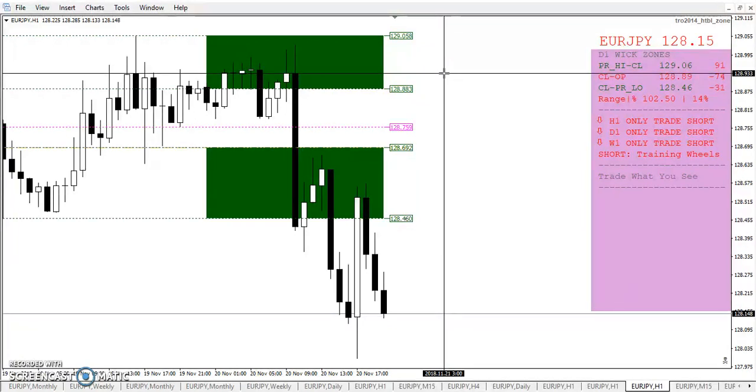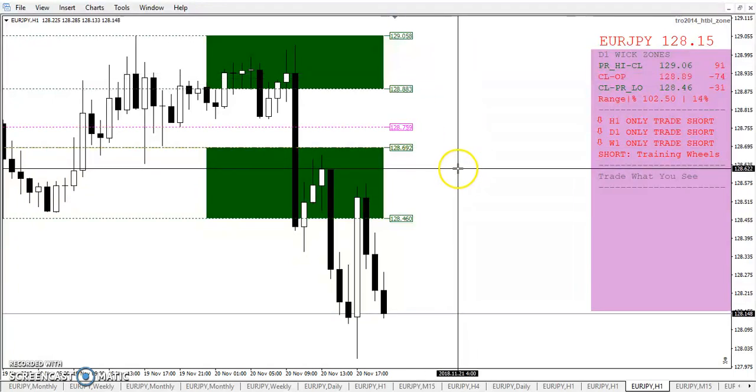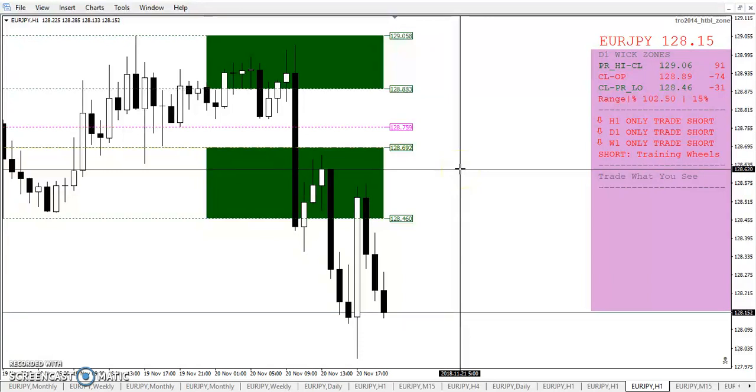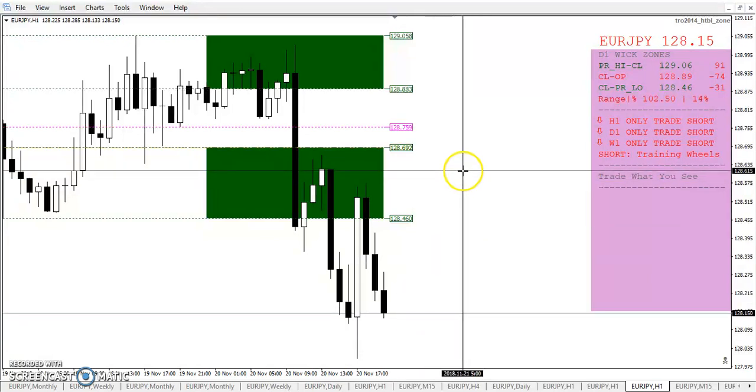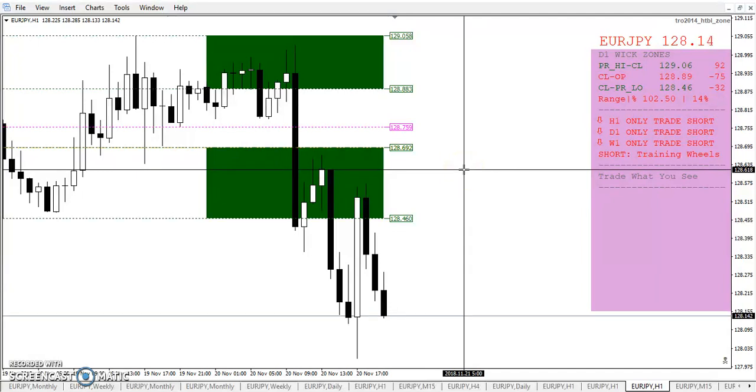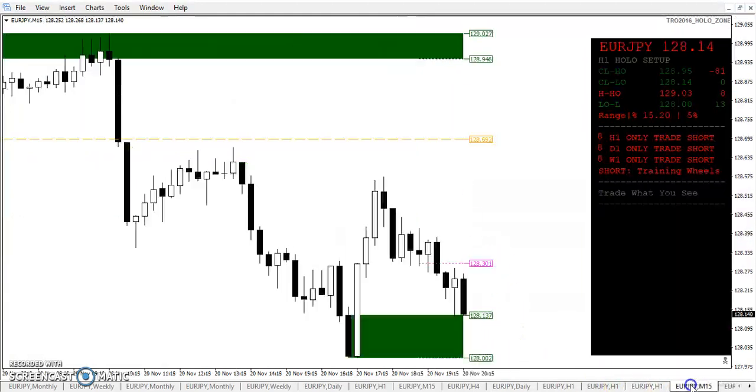Let's just say I've got a good feeling, trading by feel, trade what you feel, that to get long, I would look for price to return here and price to return here on the shorter term, 128.62. So if you go long, you could set a target there and see what happens.